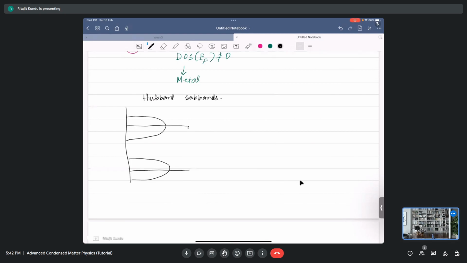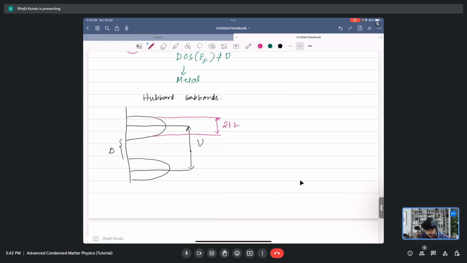So this is given by U. This is the charge gap delta, and the bandwidth of these is given by 2Tz.